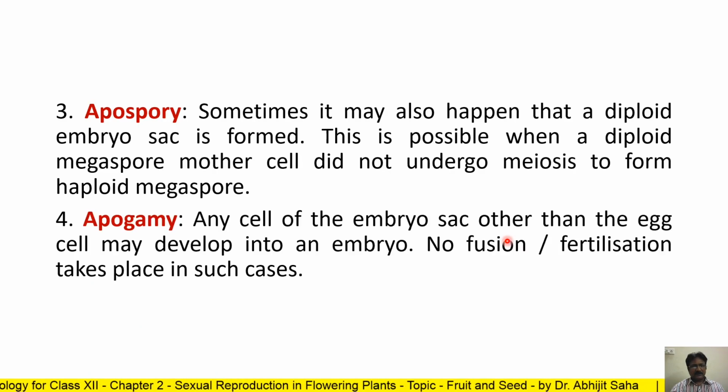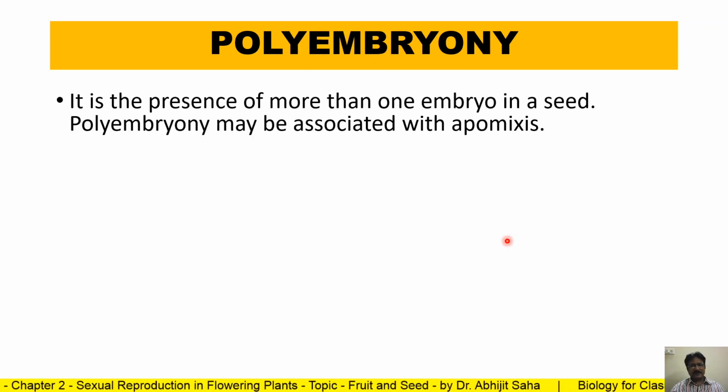methods. Now we come to polyembryony. The term itself says poly means many, embryony means embryo development. That is, normally one embryo in a seed is developed, but there are cases where a large number of embryos are developed within the seed.